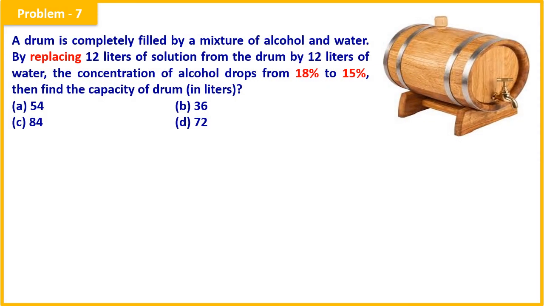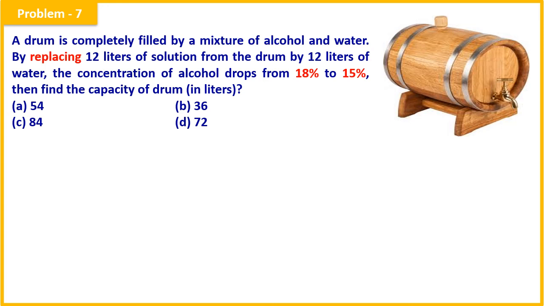Problem number 7. A drum is completely filled by a mixture of alcohol and water. By replacing 12 liters of solution from the drum by 12 liters of water, the concentration of alcohol drops from 18% to 15%. Then find the capacity of the drum.